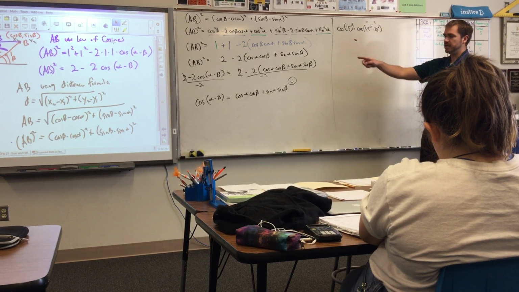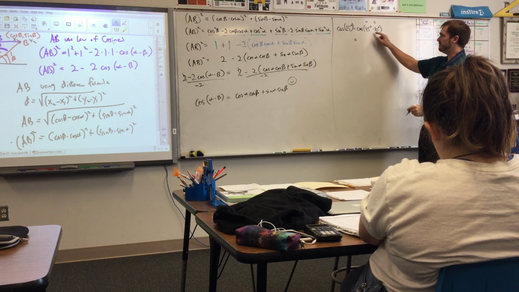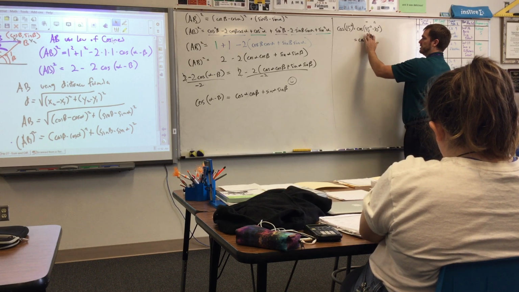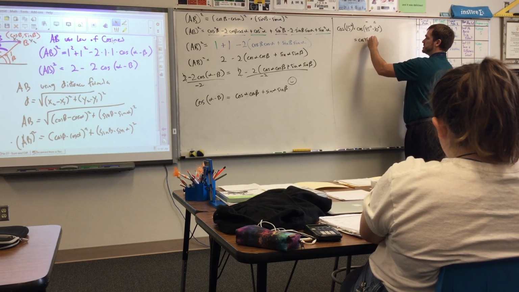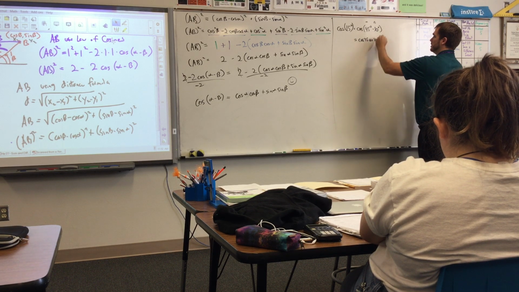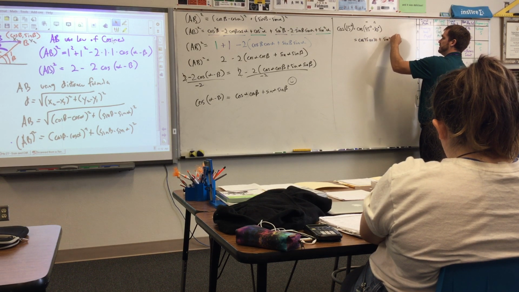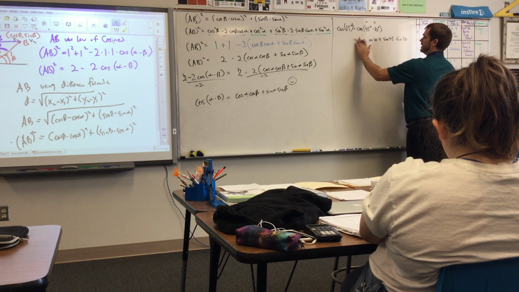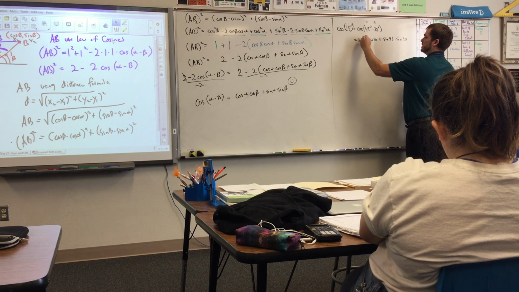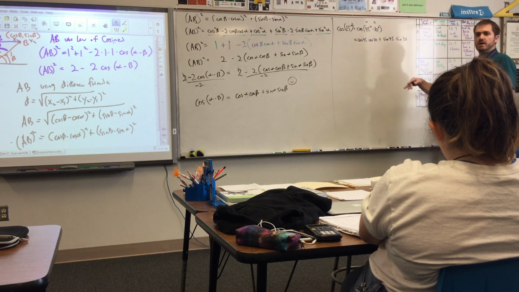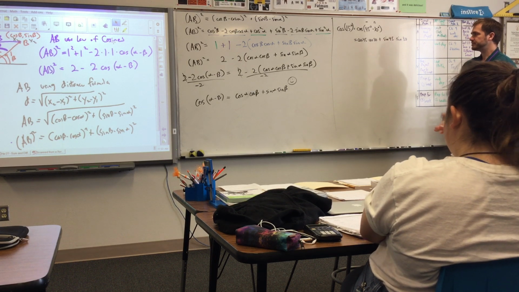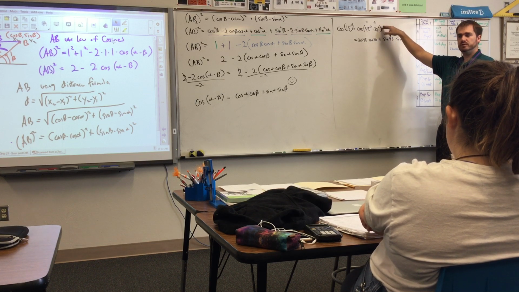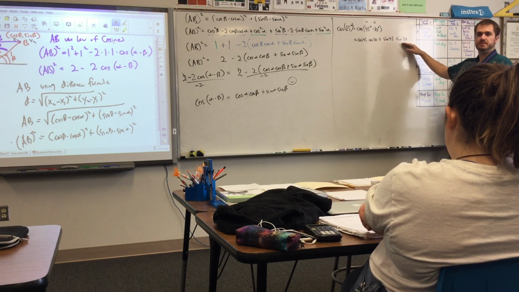So based on that formula, I can just say cosine of 45 minus 30 is equal to the cosine of 45 times the cosine of 30 plus the sine of 45 times the sine of 30. So this is how I use that formula that we just created. I rewrite this angle in terms of angles that are on the unit circle, and then I just fill in the formula.